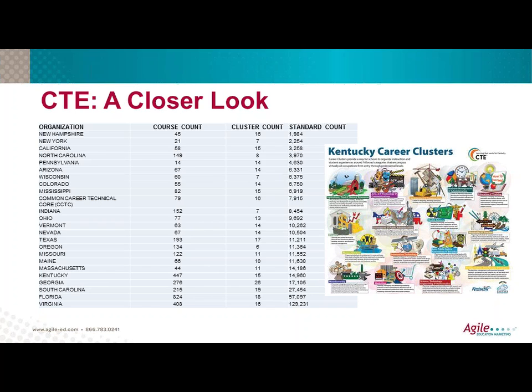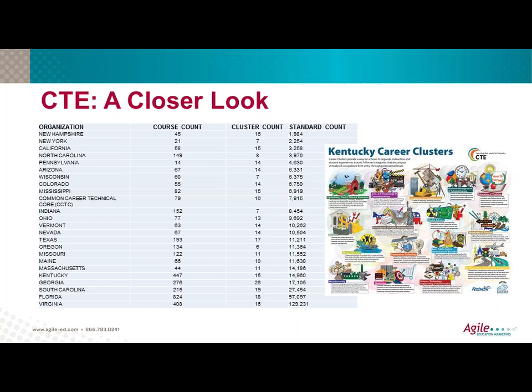You'll see, for instance, that Virginia at the very bottom has 129,000 standards and 408 courses, where up at the very top we've got New Hampshire that only has 45 courses and 1,900 standards. So it's just a huge difference in what each state has done with those CCTC benchmark standards and how they've expanded them or not.